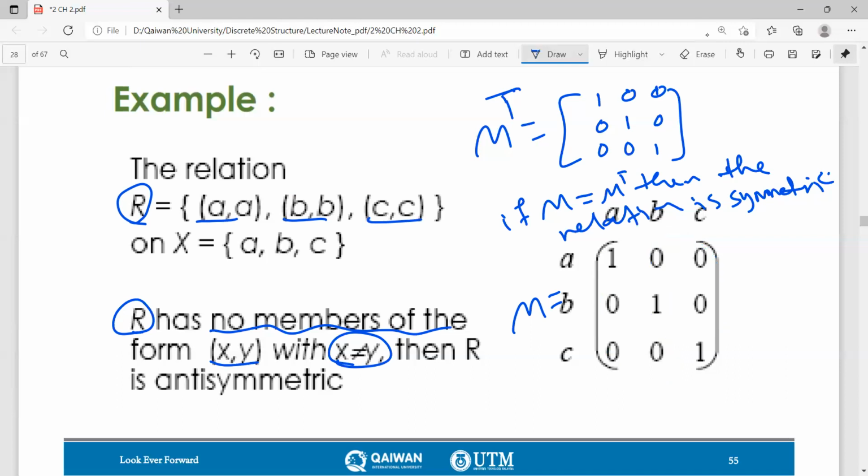It's both symmetric and anti-symmetric for this example. If we have only the relation between elements and themselves and no more relations, we say that relation is symmetric and also anti-symmetric.